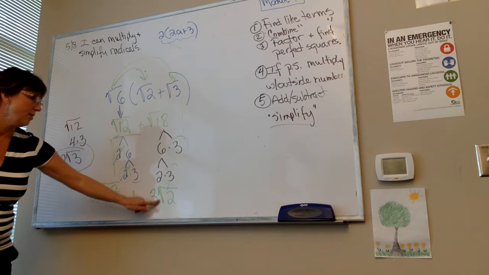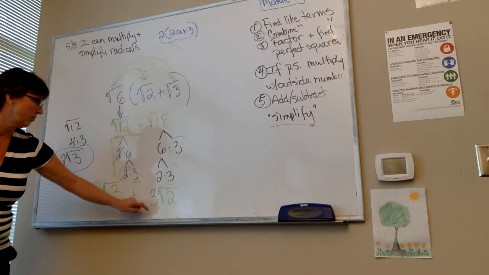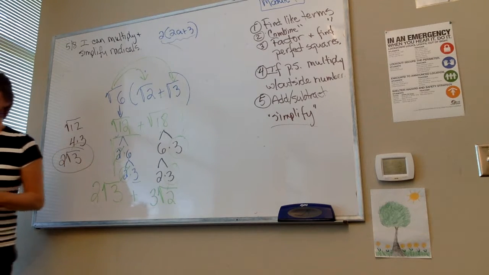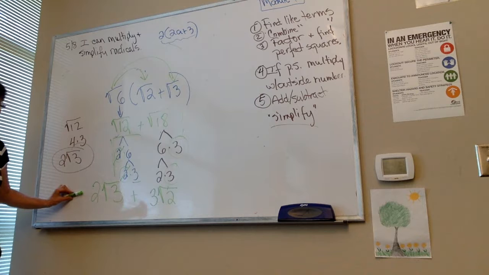And these just happen to be the opposite of each other. That's just the way the math worked this time. Can you do anything else? Nope, it's done. That is as simplified as we can get.